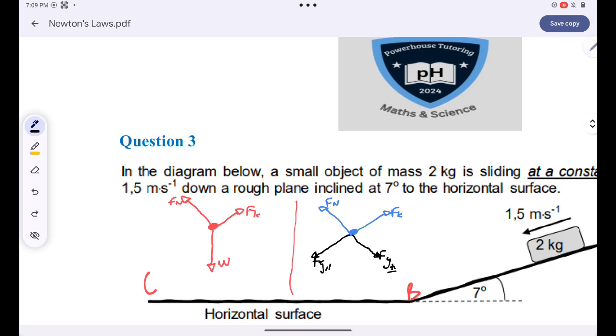A quick reminder: FG parallel is always given by mg sine theta, and then FG perpendicular is always given by mg cos theta. All together, we can simply calculate FG parallel and FG perpendicular over here.